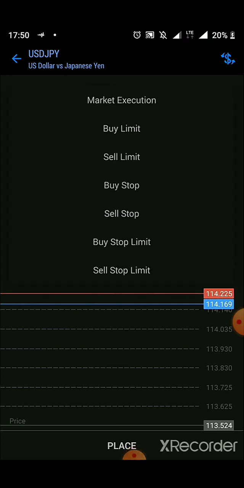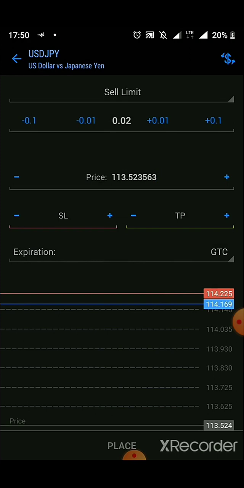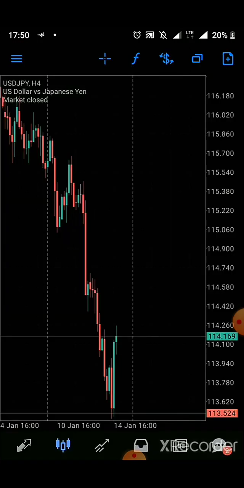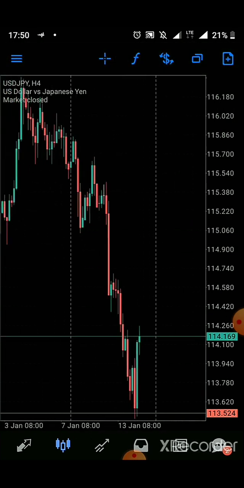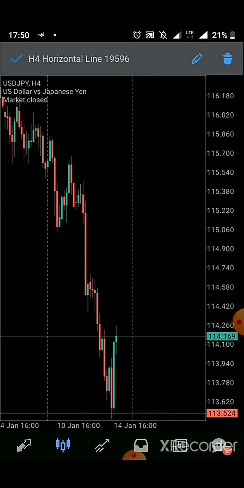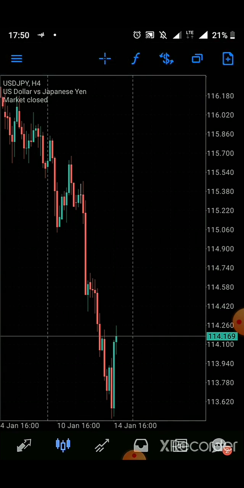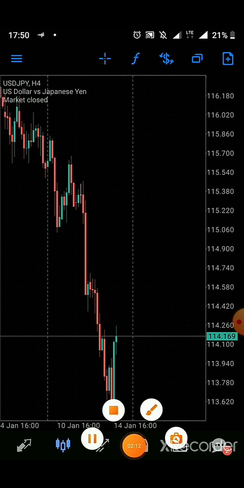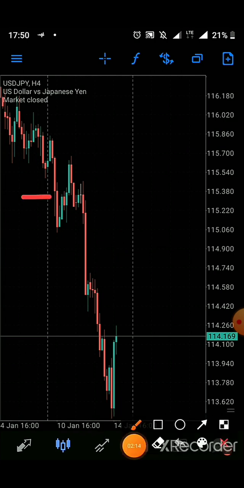The next one you have here is the sell limit. Sell limit simply means you want to sell at a price higher than the current market price. So maybe you are looking at the current market price to move to this point, maybe this point of resistance.